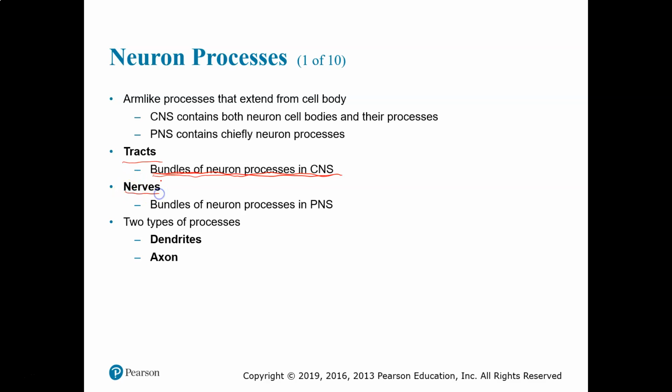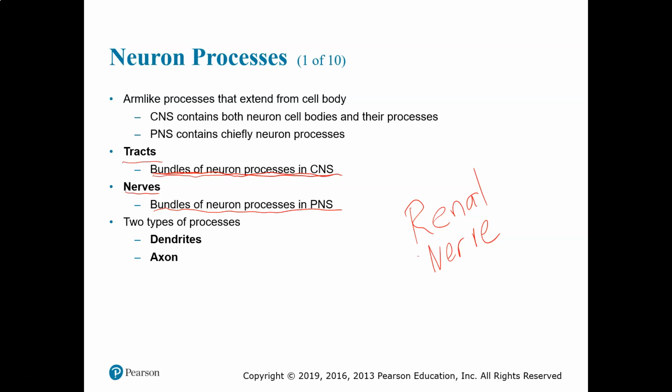So when we say, name a nerve, okay, so the renal nerve supplies the kidney because renal is for kidney. So the renal nerve is bundles of axons from the peripheral nervous system. It's not just one neuron, it's bundles of neuron processes in the peripheral nervous system.